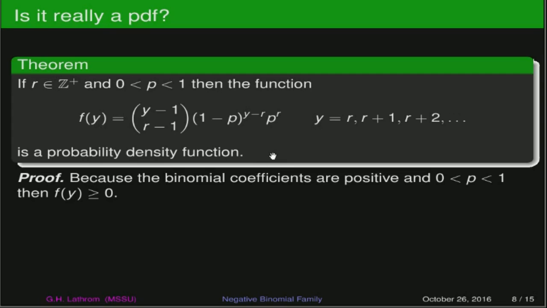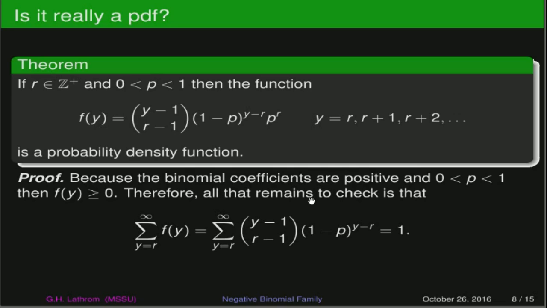So f(y) is going to be greater than or equal to 0. That one is taken care of. What we really need to check then is that the probability of our sample space is actually 1. That may take a little bit of doing, but let's see if we can tackle that.